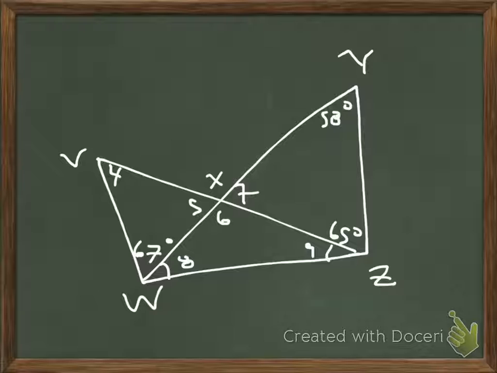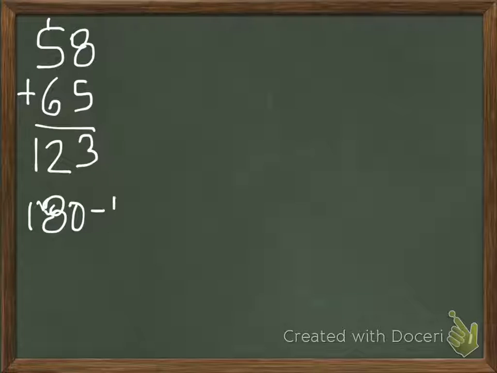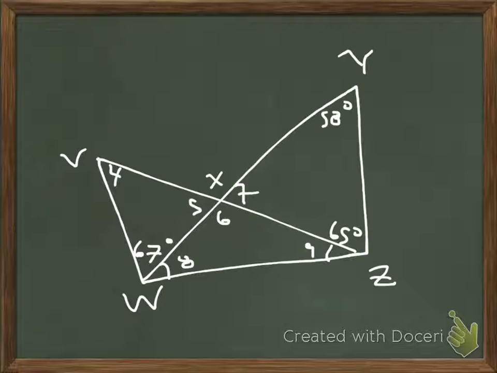So if you start with that and find angle 7 first, I would add 58 plus 65, which gives me 123, and then subtract that from 180. That will give me angle 7, which is 57.